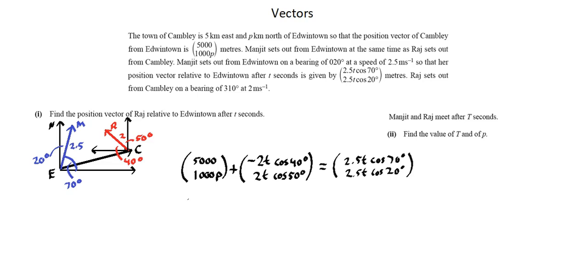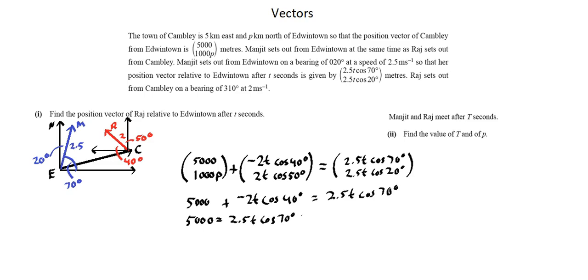So we'll use the x components to solve for t to begin. 5000 plus negative 2t cosine 40 degrees equals 2.5t cosine 70 degrees. And then with algebra, 5000 equals 2.5t cosine 70 degrees plus 2t cosine 40 degrees.